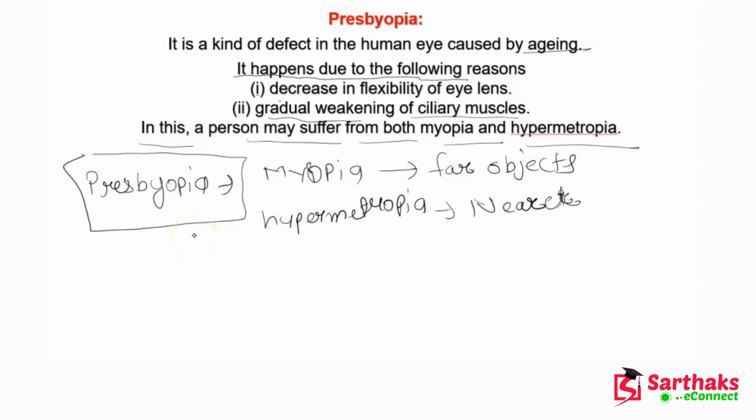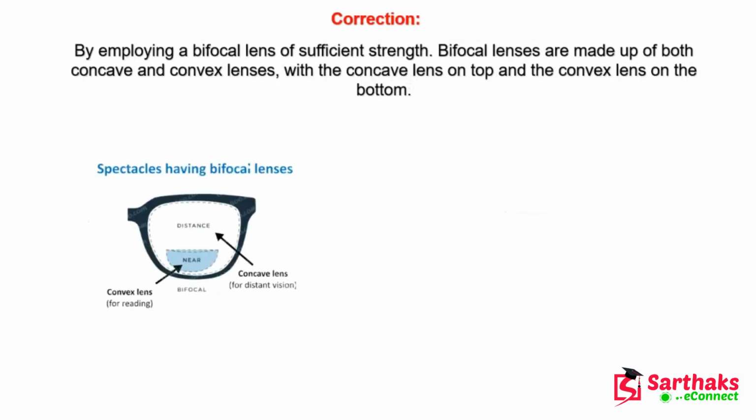Now let's talk about how this presbyopia can be corrected. Let's move on to the next slide. By employing a bifocal lens of sufficient strength, we can correct this defect.